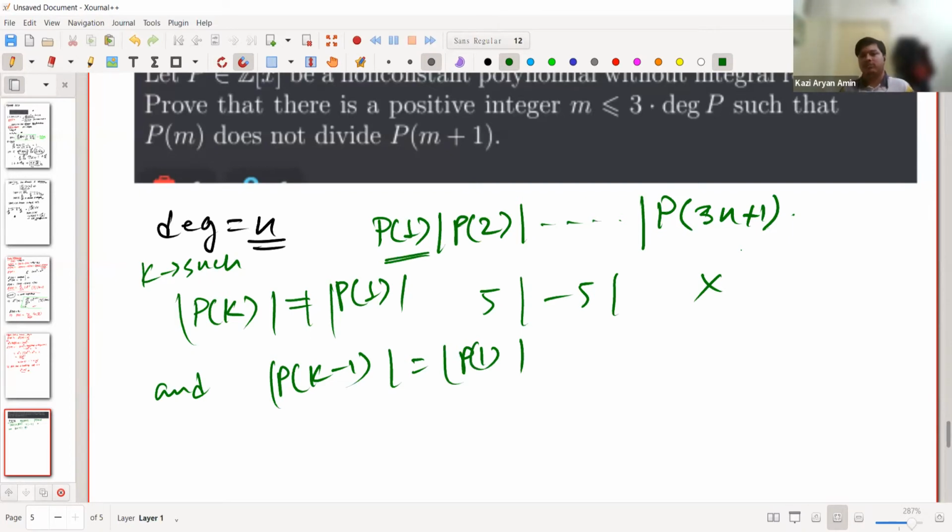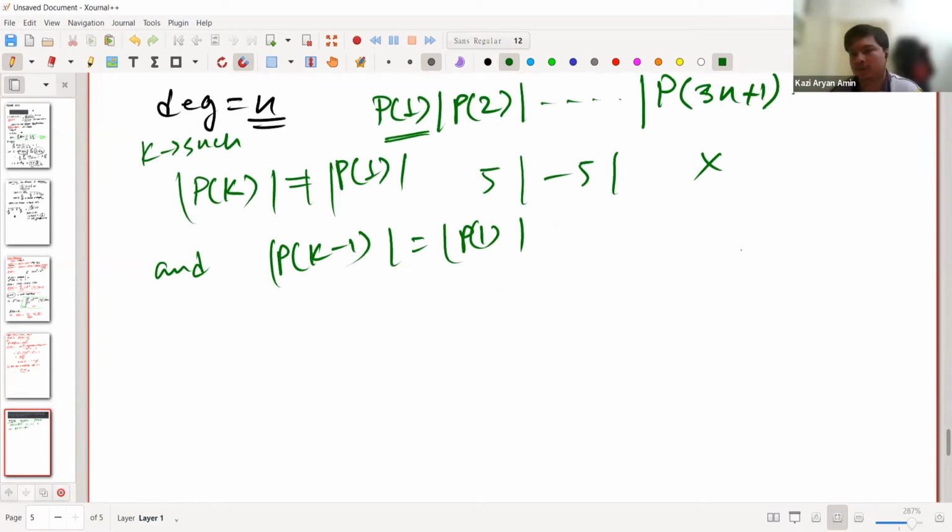In other words, it's the first term in the sequence with a different modulus. So the idea is we are going to use the k+1 finite difference formula as I just mentioned, and I'll just write it here.